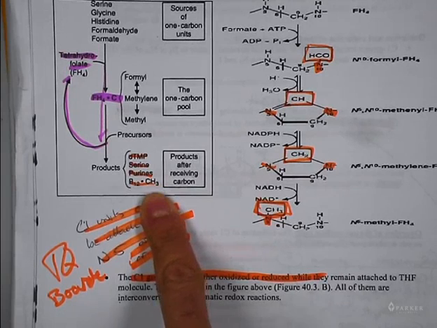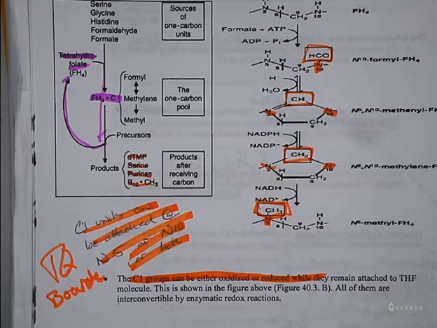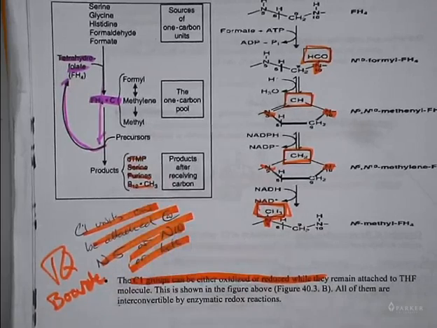What's the one carbon pool for B12? THF. Exactly. So THF serves an important role in donating one carbon groups, which might be a methylation reaction, but it also serves an important role in methylating another methylator. It donates the one carbon group to B12 so that B12 can go and donate to other molecules, because B12 is also a one carbon donor. We'll talk about that later.